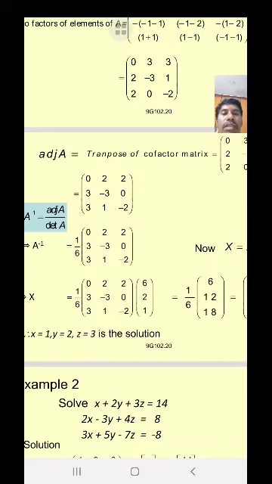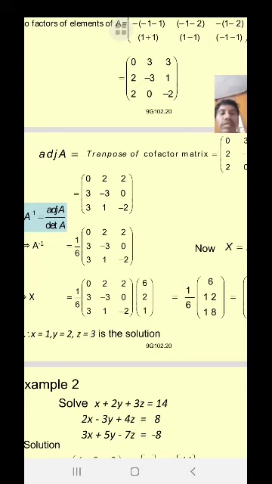Transposing means changing rows into columns, so each and every row is changed into a column, that is 0 3 3, 2 minus 3 1, 2 0 minus 2. After interchanging, we should not write the power T or transpose, because we have already converted it. So this is the adjoint A.